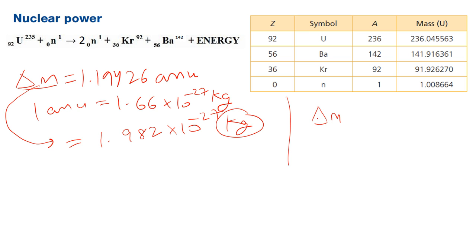Let me check the values. Okay, please write down one more conversion factor: 1 AMU is also equal to 931.5 mega electron volts.